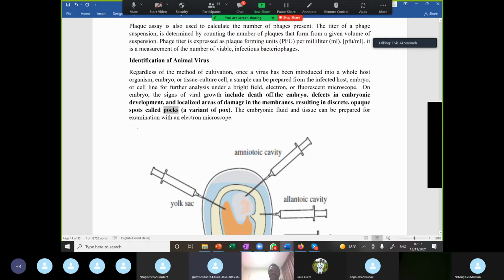So take note, viral infectivity could result in death of the embryo, developmental defects, localized damages on the embryo, or these discrete opaque patches that you see on the embryo.